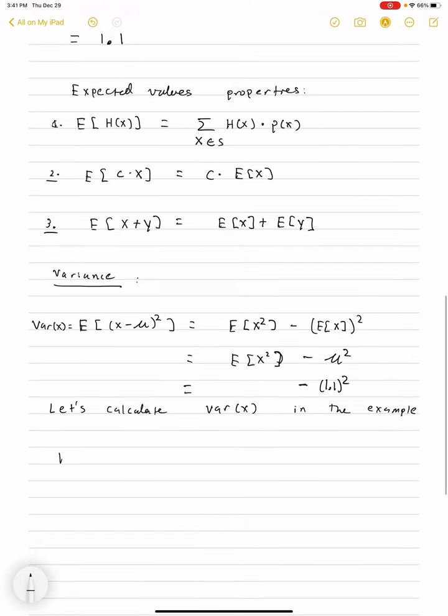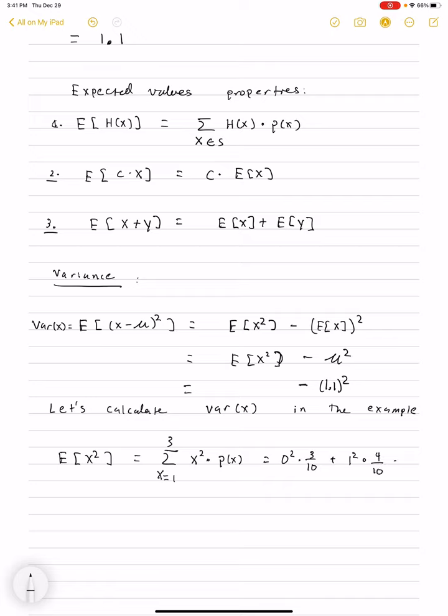The only thing that's left to calculate is this e of x squared, and that's going to be the summation from x being 0 to 3 of x squared times p of x. Now we just need to remember what p of x is in each instance. So x squared starts with 0 squared, which multiplies by the probability of x being 0, so that's 3/10. The next one is 1 squared, and it multiplies by the probability of 1, which is 4/10.